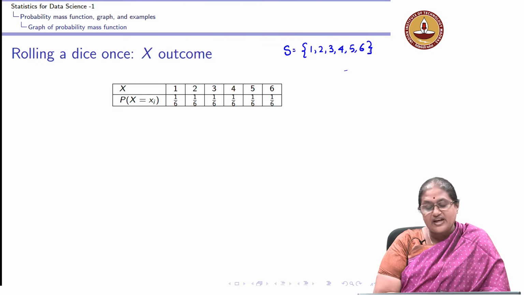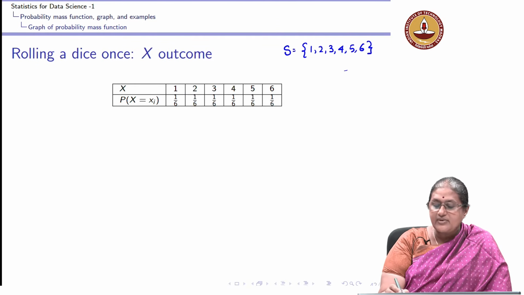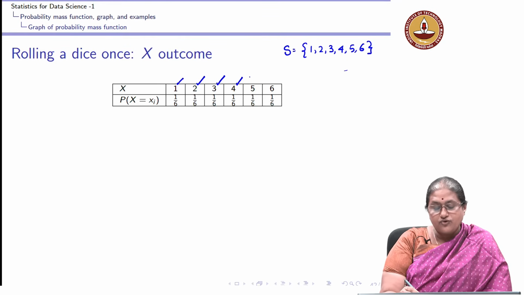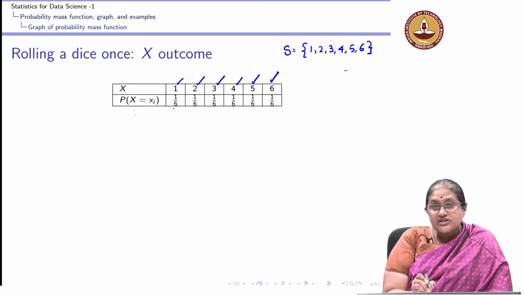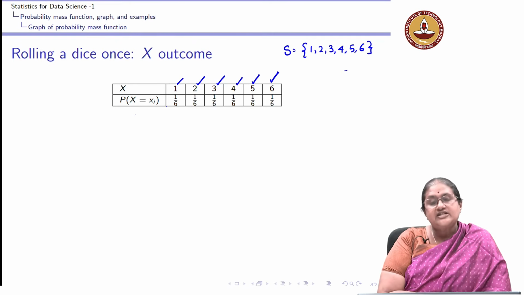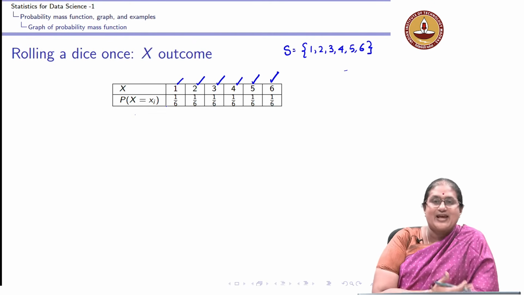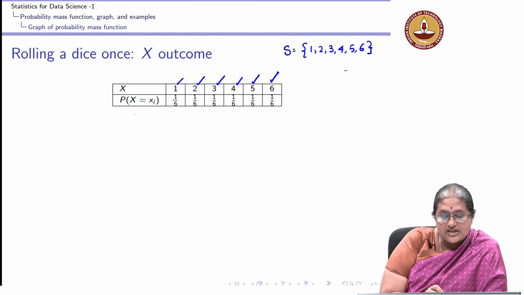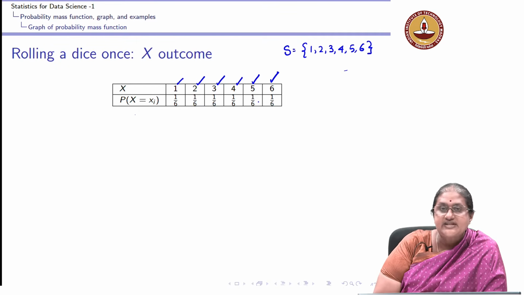It is a fair dice, so the random variable takes the values 1, 2, 3, 4, 5 and 6 with the probabilities. Because it is a fair die, the chance of getting a 1 is the same as the chance of getting a 2 and so forth. So, I have listed the probability of x taking the values 1 through 6 is the same, which is 1 by 6, 1 by 6, 1 by 6, and so forth.